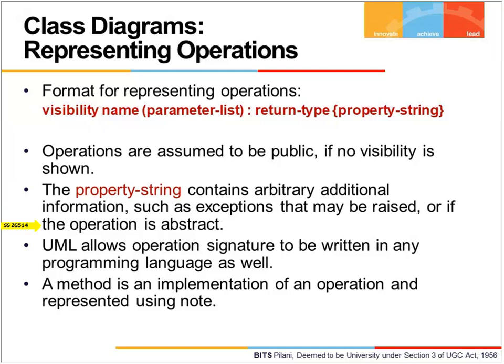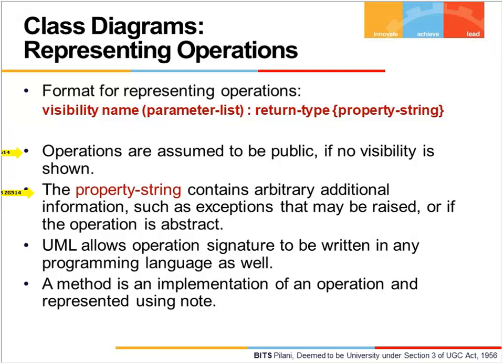So this is the format that we use to represent operations in a class diagram. The operations are assumed to be public if no visibility is shown. This is important: in case of attributes, if no visibility was shown, they were assumed to be private, and in case of operations, if no visibility is shown, they are assumed to be public, right?